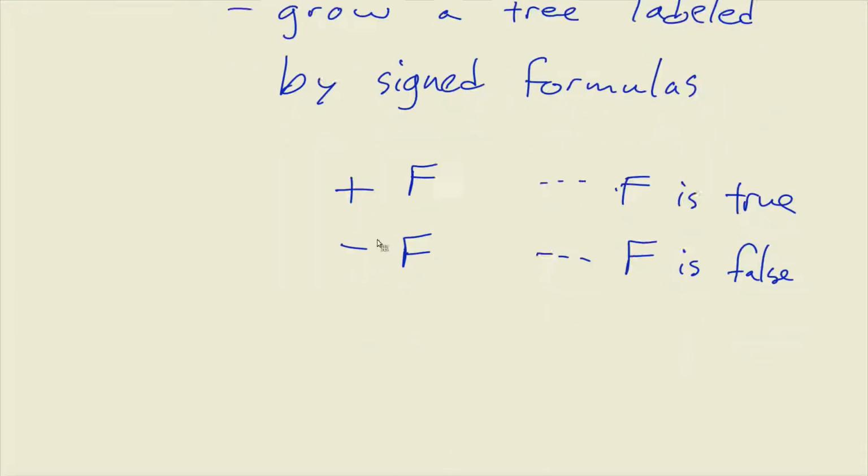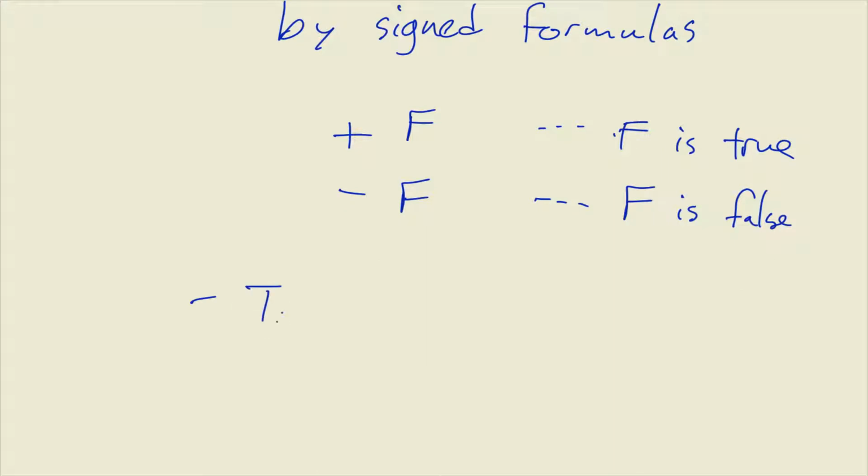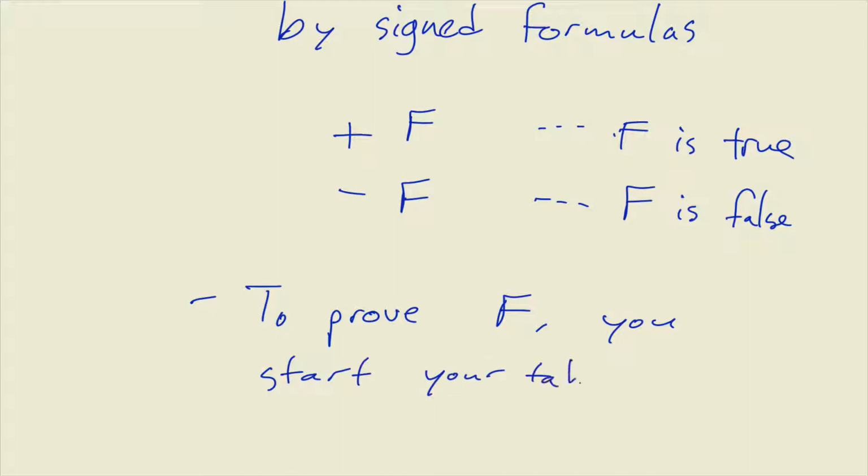So what you do, say you're trying to prove some formula F, is you start your tableau with minus F, saying F is false.